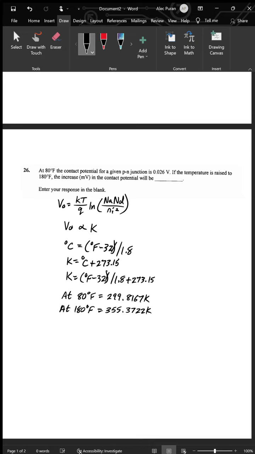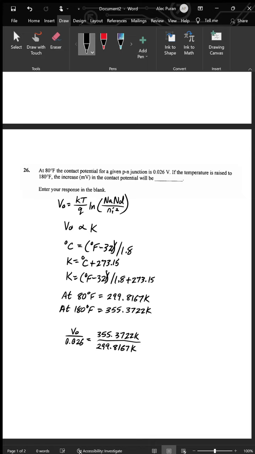To do this, we have V0 over 0.026 equals 355.3722 Kelvin over 299.8167 Kelvin.